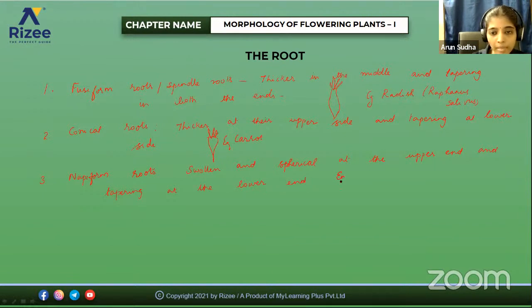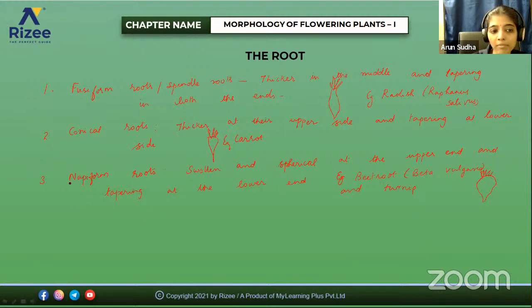You all know which one will be swollen and spherical at the top and tapering at the lower end: beetroot, Beta vulgaris, and turnip. So swollen at the top, and tapered at the end.